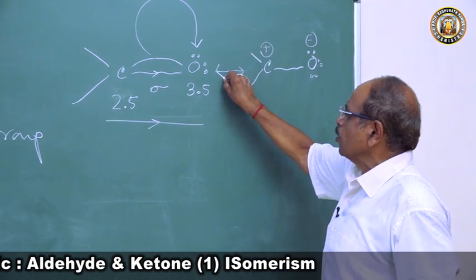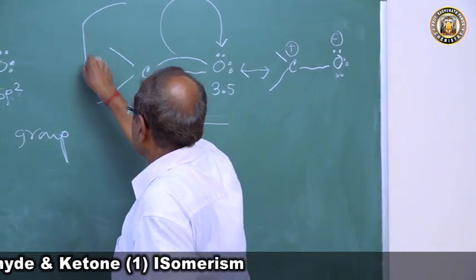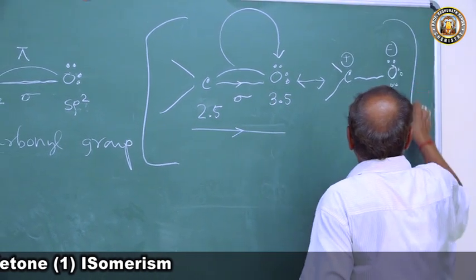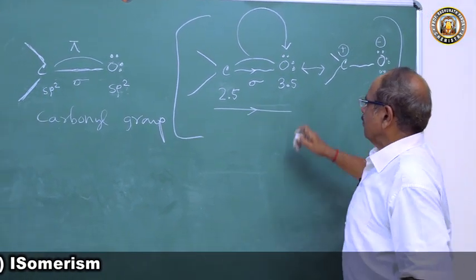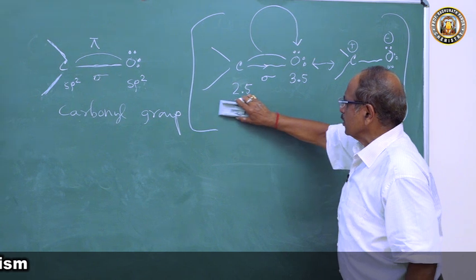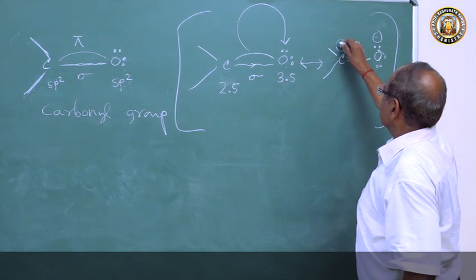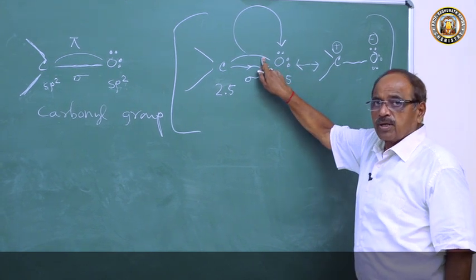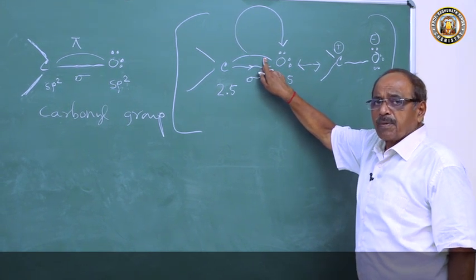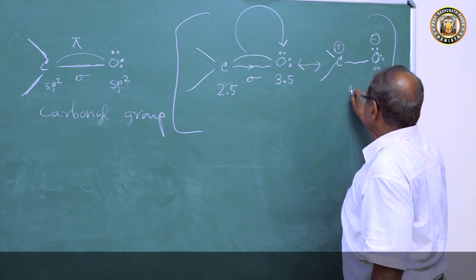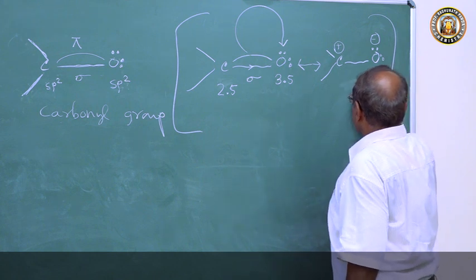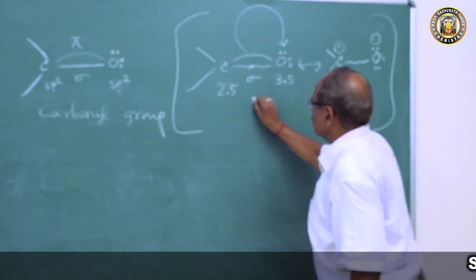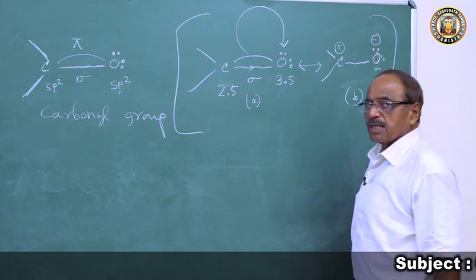Now the carbonyl group is represented by two structural forms: a non-ionic structure and an ionic structure. Due to the delocalization of the pi electron, we get a second structure, structure B, for the carbonyl group, and structure A is the first.